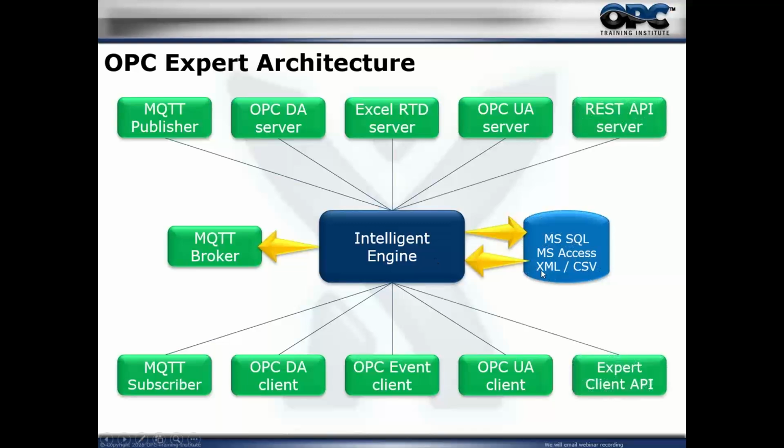You can send data to databases, Access, or Microsoft SQL, or whatever it is that you want as far as the databases. And you can send data out using REST API, web services, and we even have our own little client API that you can use to create your own OPC clients, and of course servers. So the toolkit is included inside. So all of this is included inside OPC Expert.